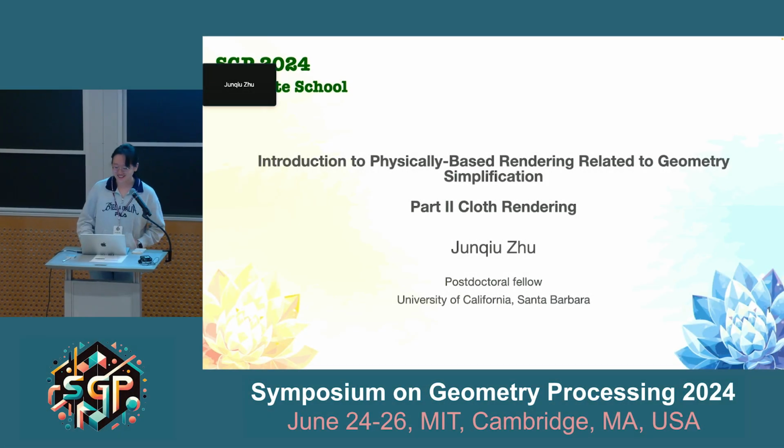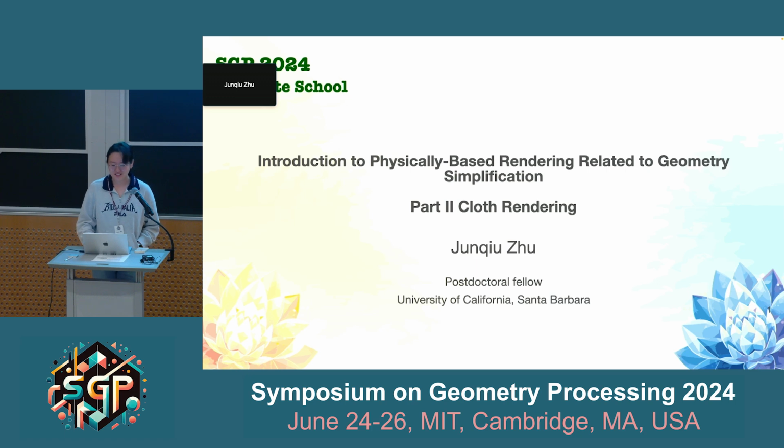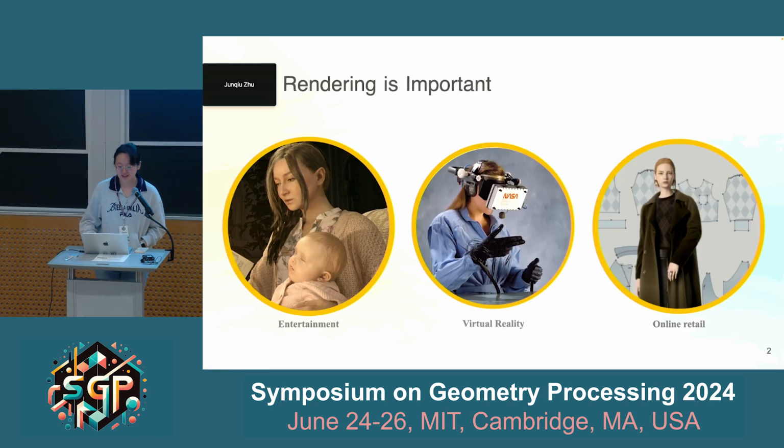Thanks to Zahra. Now let's go to the second part of this course, physically based rendering of cloth related to geometry simplification. Cloth rendering has always been an important and popular research topic in the field of computer graphics. Its applications are extremely broad, including entertainment like clothing in games and movies.